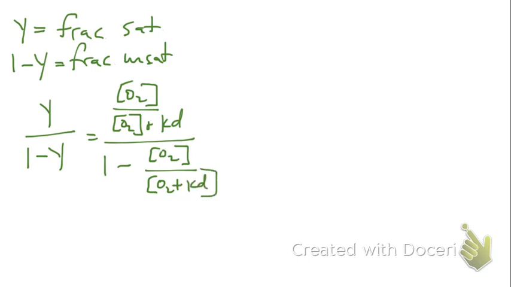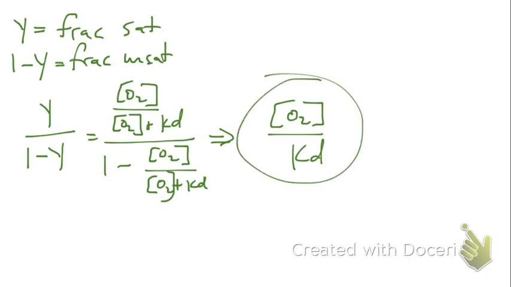What I'm not going to show you is the mathematical steps that we need to take to go from here to here. If you would like to see them, you can come by the office and we can show them to you. But through some manipulation, we can end up with this right here.